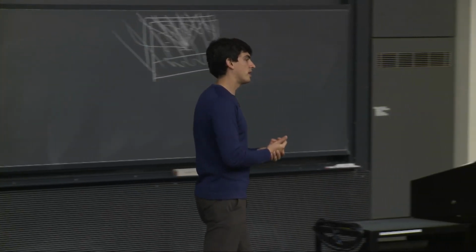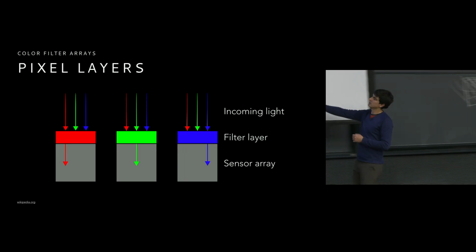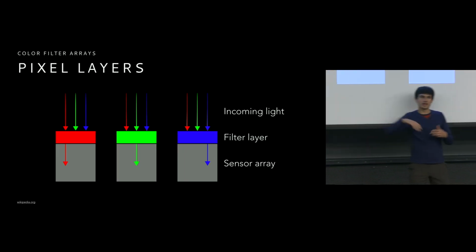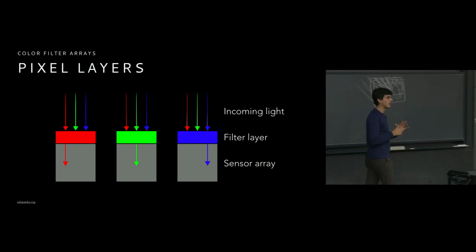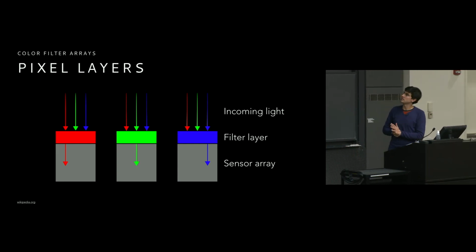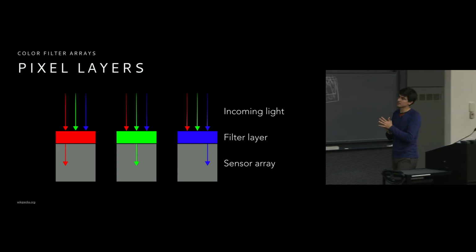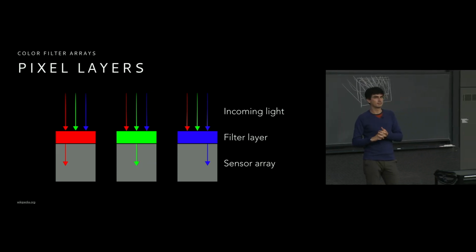There's another problem as well, and that is that our sensors are rectangular. They're not triangular. We have three colors here, but we have to have some sort of pattern on our sensor that allows us to have each of these perhaps equally, but still allows us to capture all of this information appropriately.